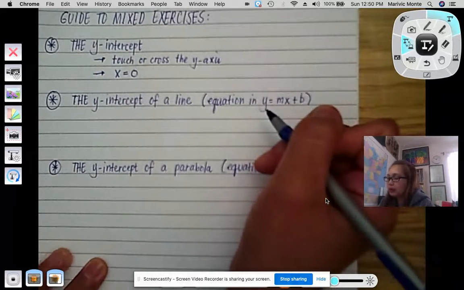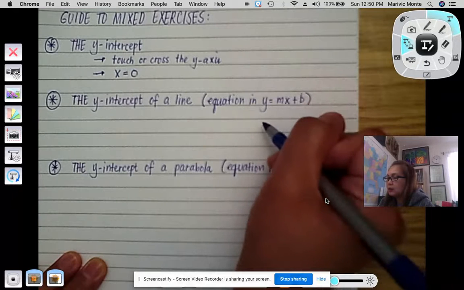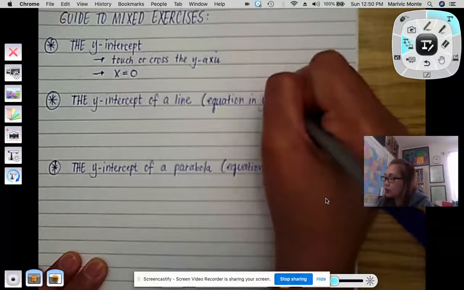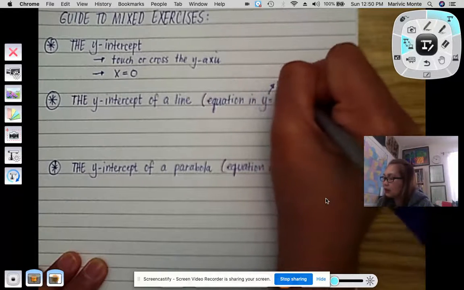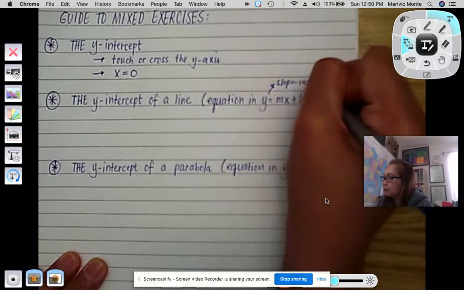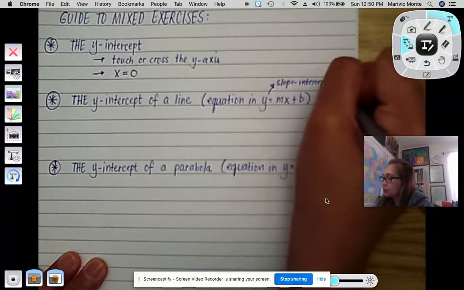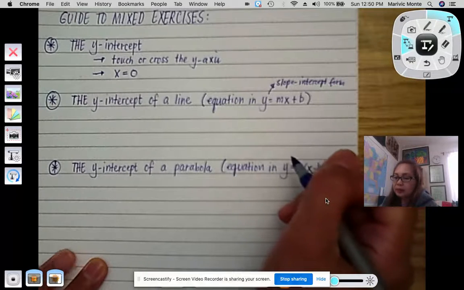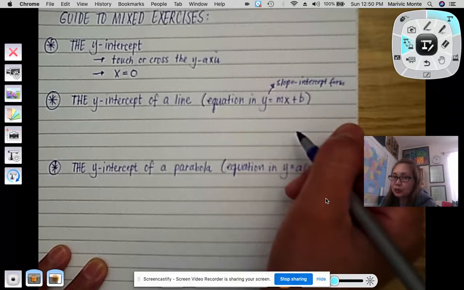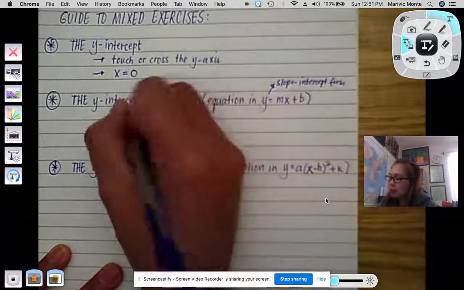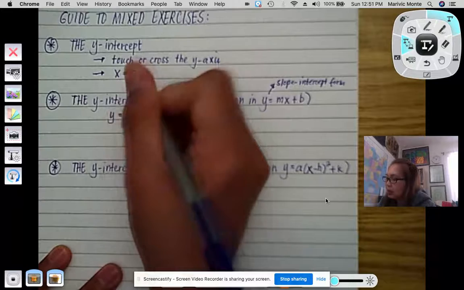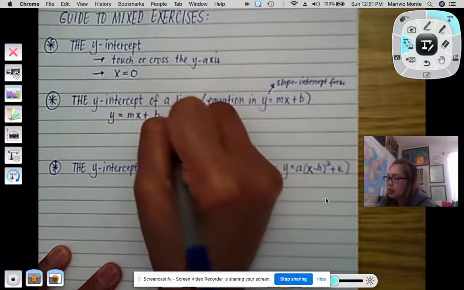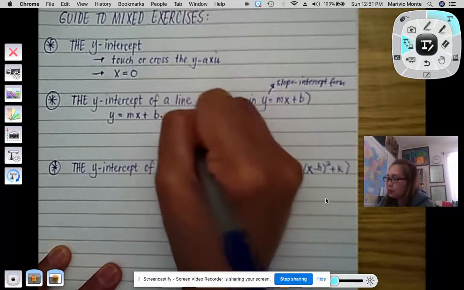For a line, specifically when you have an equation in slope-intercept form, it is easy to tell the y-intercept because in the equation itself, b is your y-intercept.